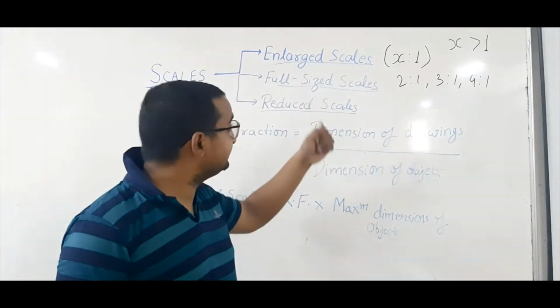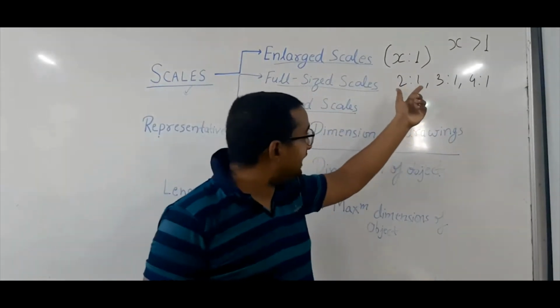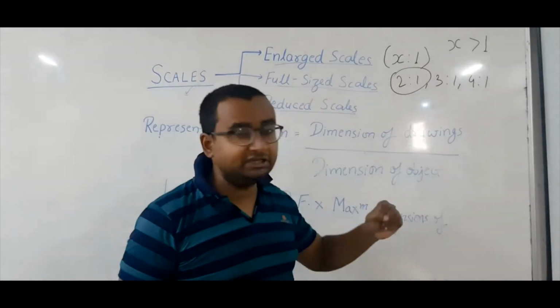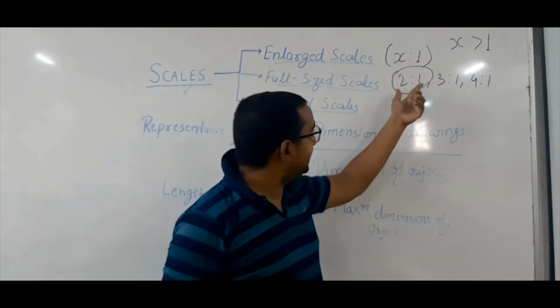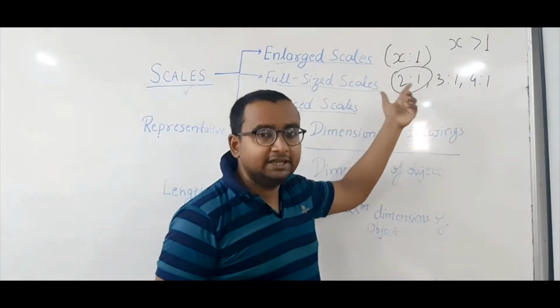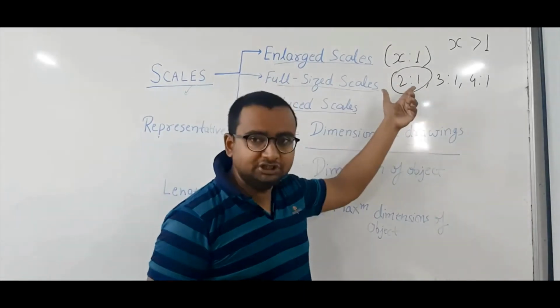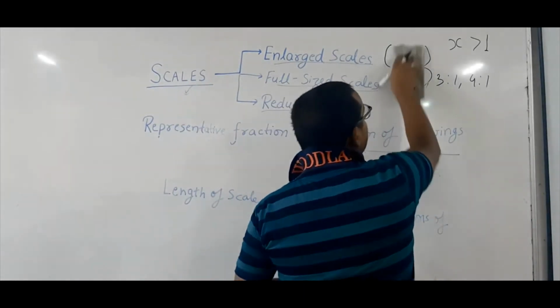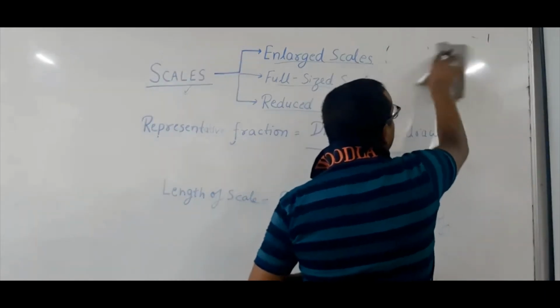In large scale, if RF is given as 2 ratio 1, it means the dimension of the drawing is twice that of the dimension of the object. So in this manner, RF is determined for a particular problem.